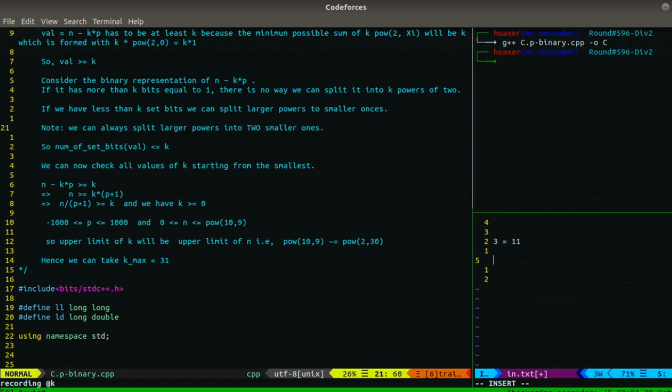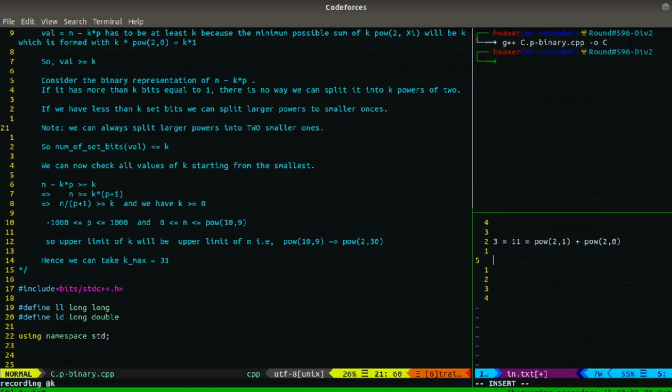So what you're doing here is summing 2 power 1 plus 2 power 0, which gives you 3. So here you're using only 2 terms, but I want 3 terms.